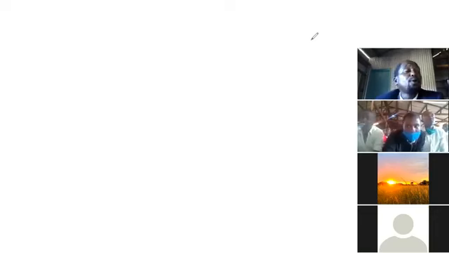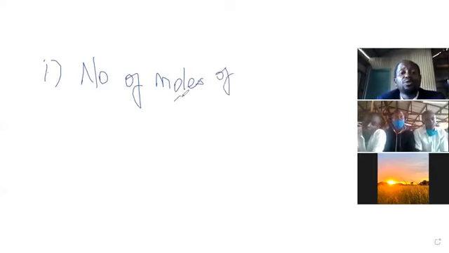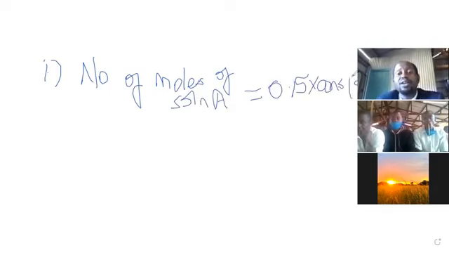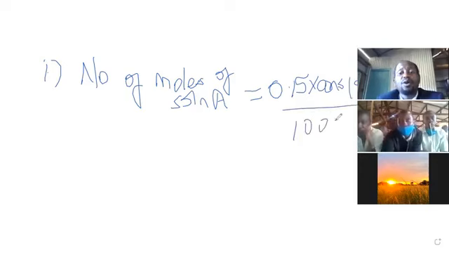Now at this point, the marking scheme simply tells us to mark as follows: number of moles of solution A equals 0.15 times the answer in part A over 1000.